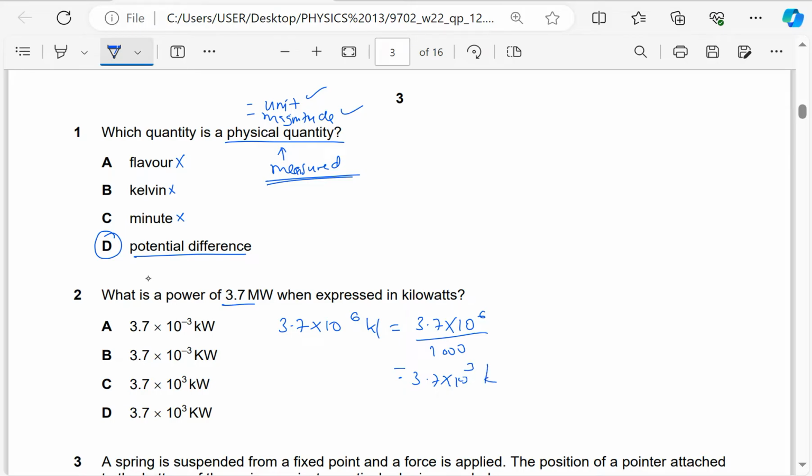So this is in kilowatts, because when I divide by 1000, I change from watt to kilo. So the answer here is going to be C.